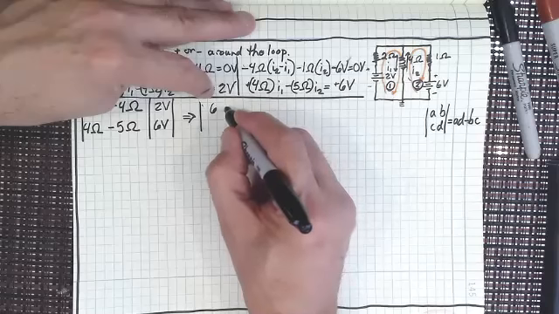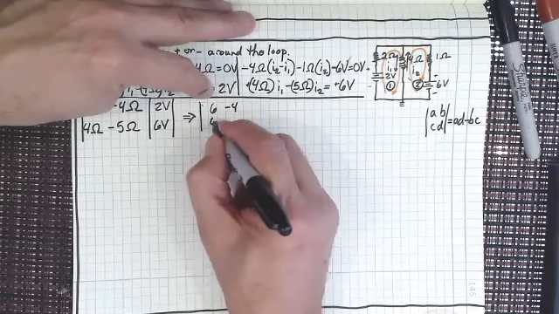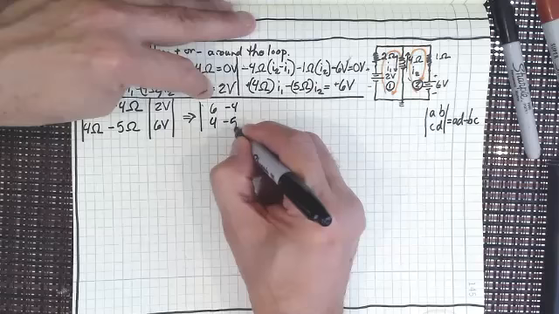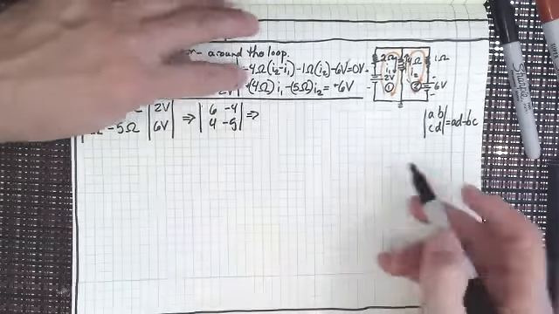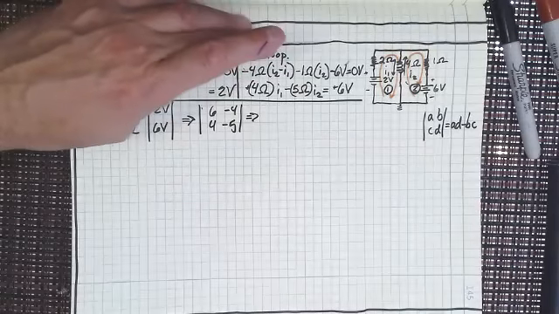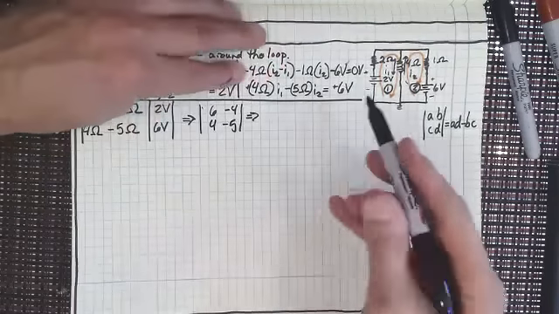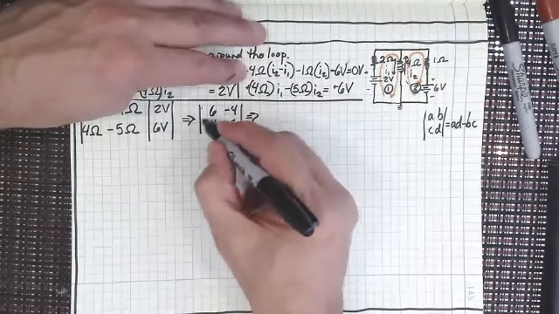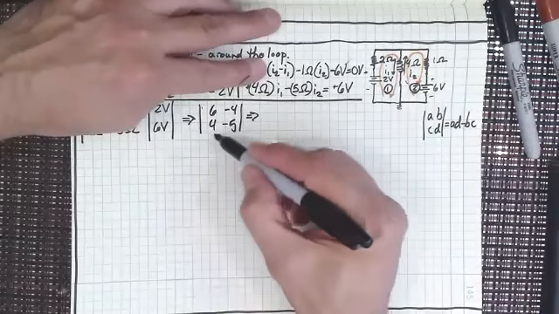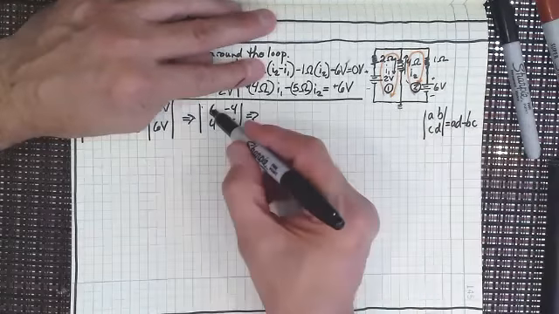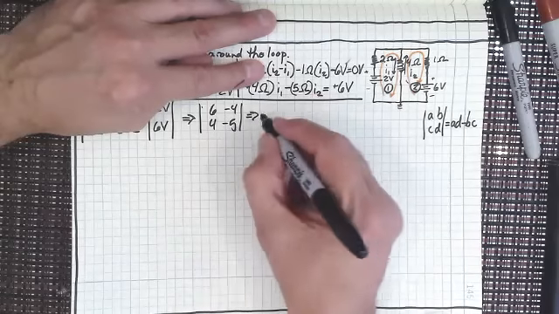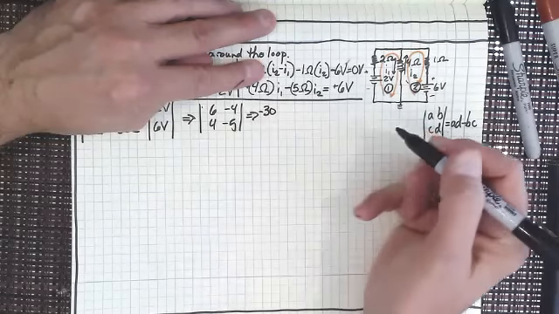6 minus 4, 4 minus 5, right? What's the determinant for that? Let's work this out first. We're going to use it to find I1 and I2, but we have to find this matrix first because it goes in the denominator. Using my equation, A times D, so minus 30, right?